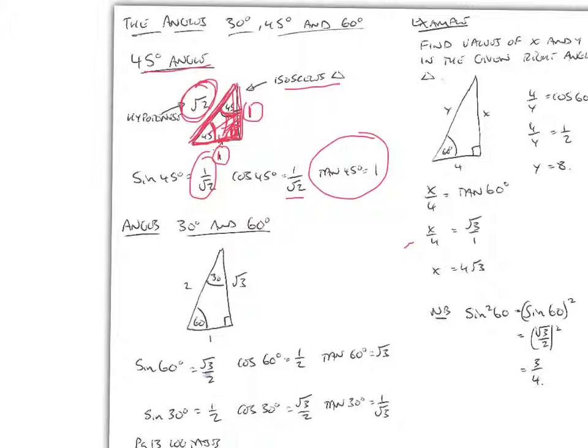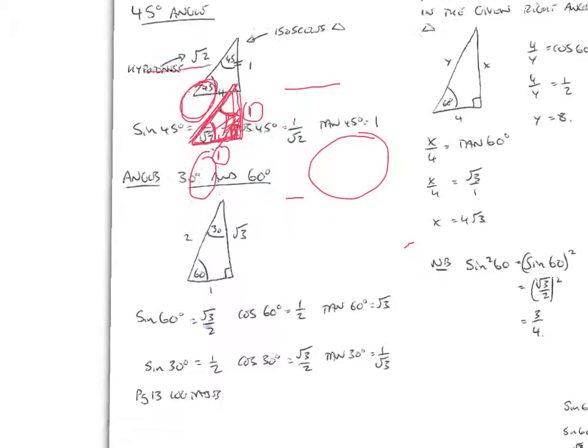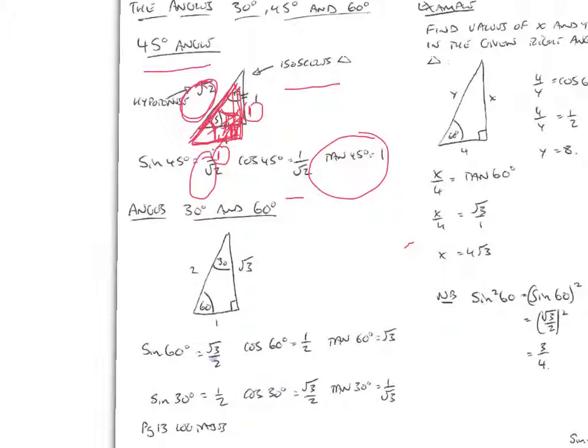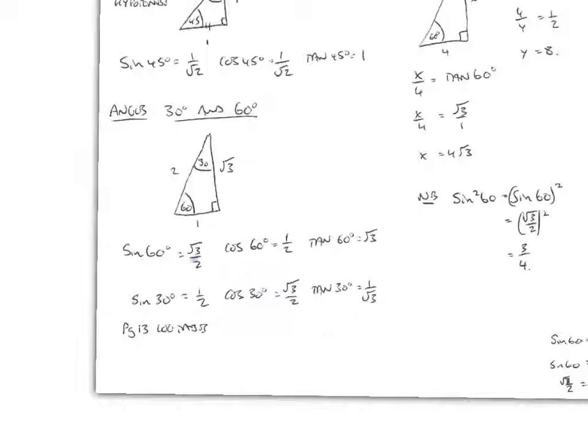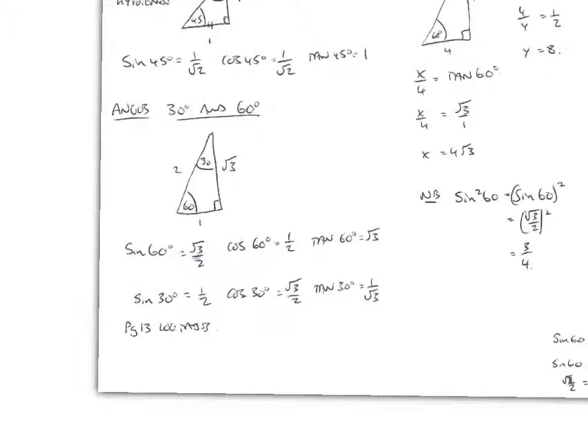Okay? And for the angles 30 degrees and 60 degrees, we can generate these angles again by drawing simply a right angle triangle of base length 1 and height root 3, which generates a hypotenuse of 2, and this gives us a 60 degree angle and a 30 degree angle.